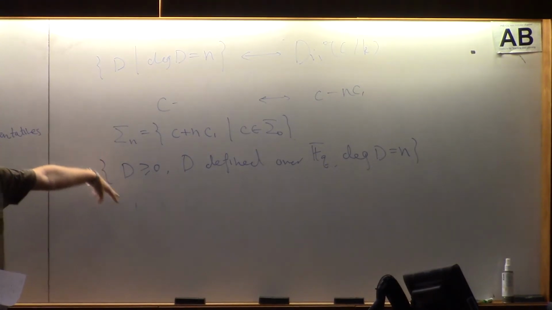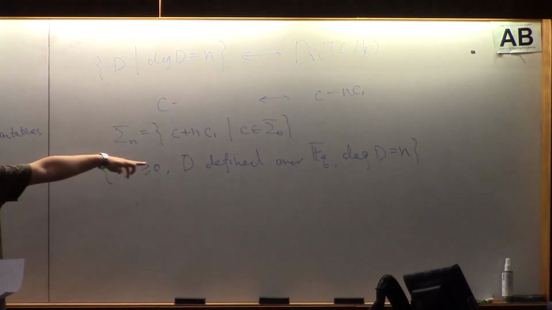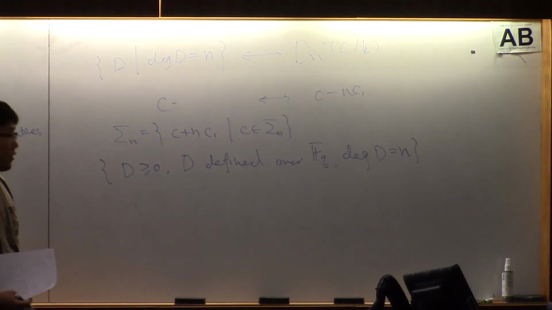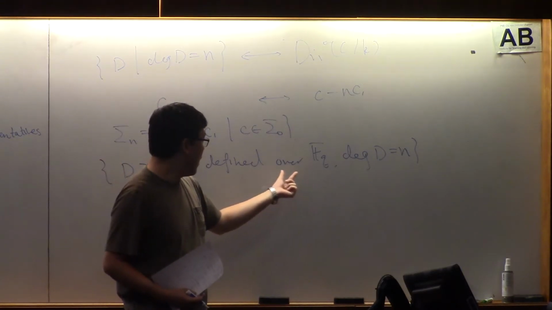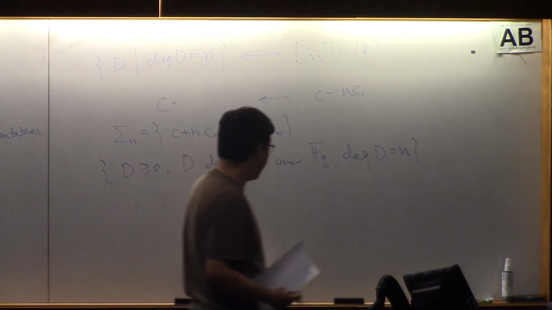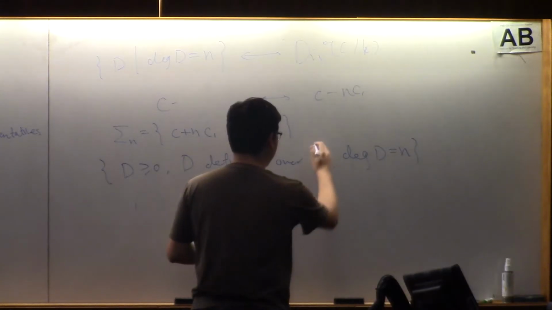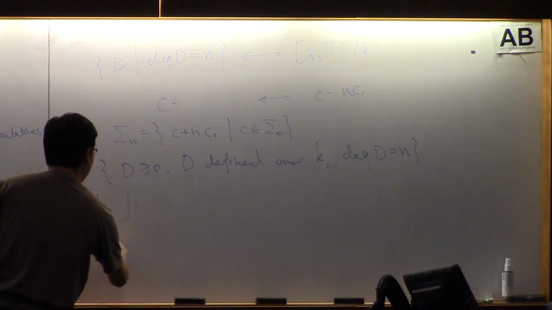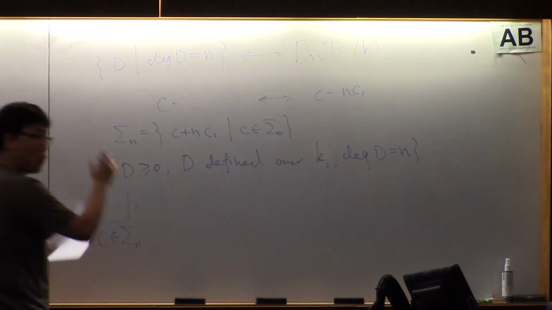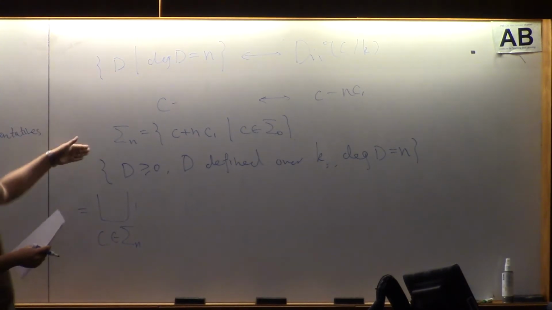The cardinality of this set is what we want to compute. We want to compute the number of effective divisors defined over k with degree n. But we can write it as a disjoint union. We want to use the linear equivalence to divide this set.